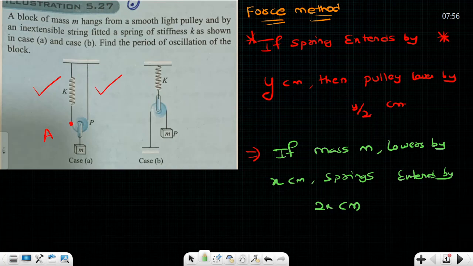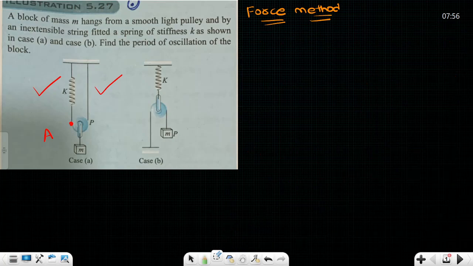Same thing, y by 2, x and 2x. If this mass goes down by 5 centimeters, that means the spring got extended by 10 centimeters, then only is it possible for the mass to go down 5 centimeters. I think these two statements are clear for you. Okay, so now I am erasing this. I wanted to write the force method.